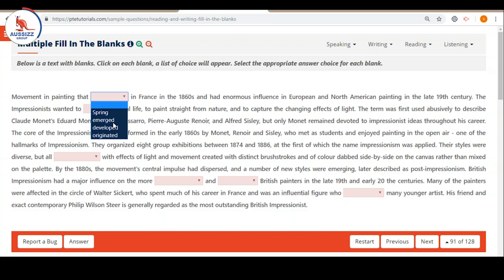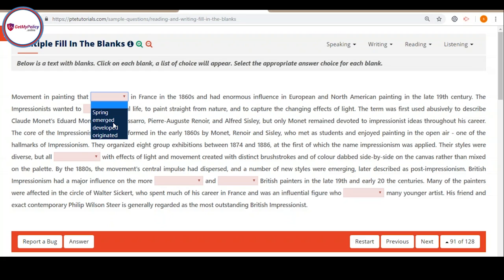Picture real life, don't illustrate real life. To paint straight, there is no need to read all of this. If you get the meaning, then you can answer.